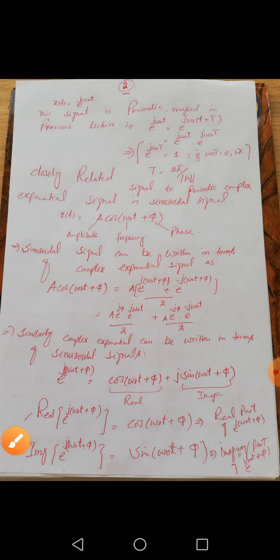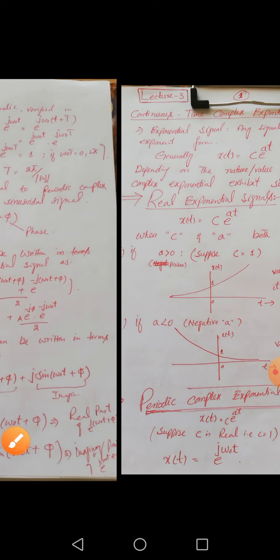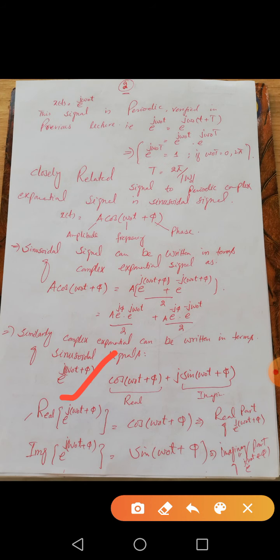If I write real of e power j (omega naught t plus phi), I mean the real part of this signal, which is cos (omega naught t plus phi).